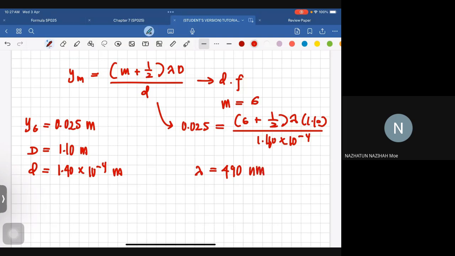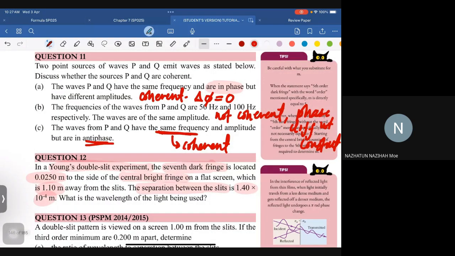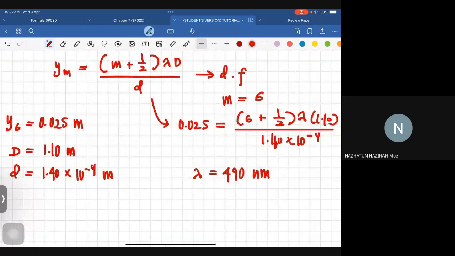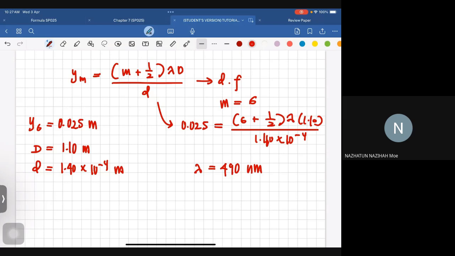Kalau calculator kamu bagi number 4.9 something something something, kamu tulis je, tidak payah convert bagi nano kah, giga kah, tidak payah. So, yang ni okay, boleh?